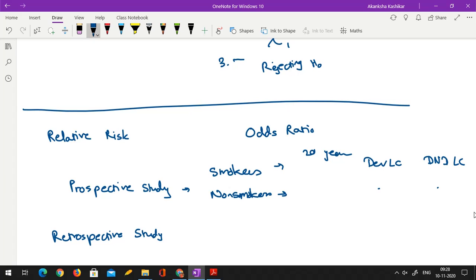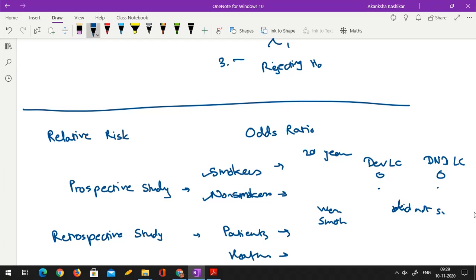Okay, so here the total number of smokers and total number of non-smokers are fixed in the beginning, whereas the number of people who develop disease and the number who do not is random. In a retrospective study, the opposite is true. I first take a sample of patients and a sample of healthy people, and then I go back and see out of these patients how many were smokers and how many did not smoke.